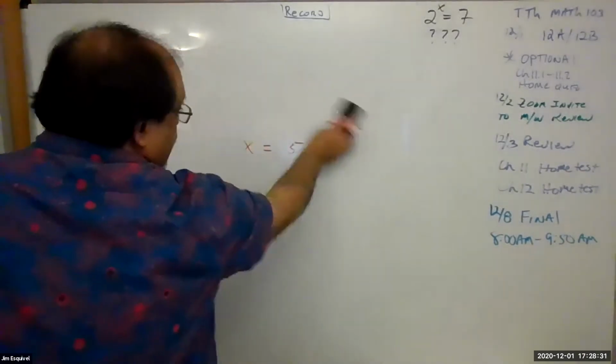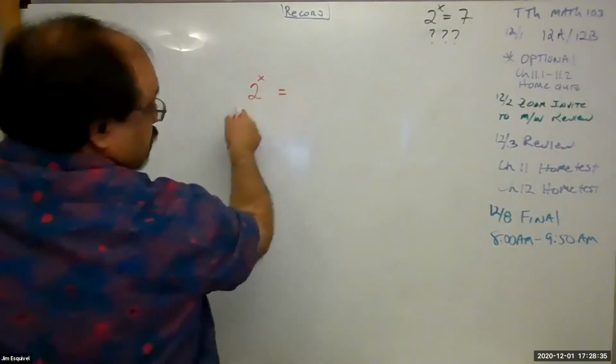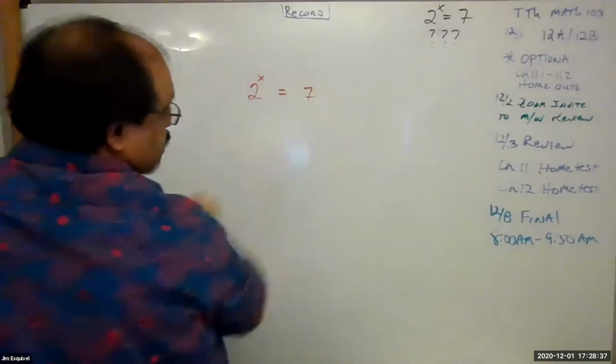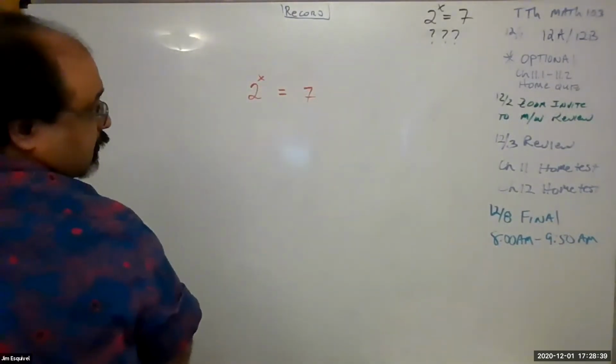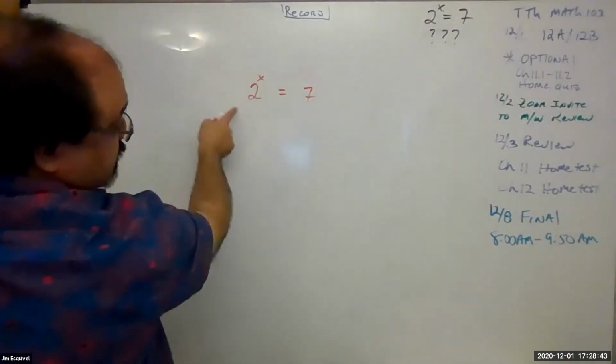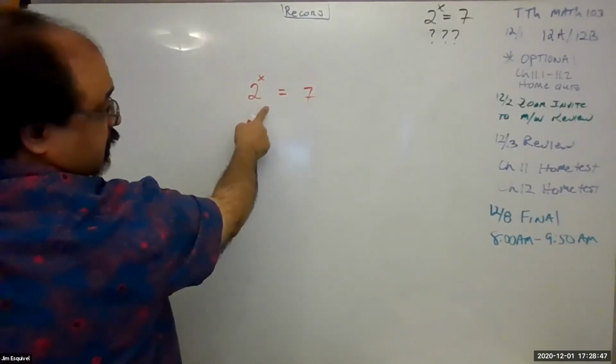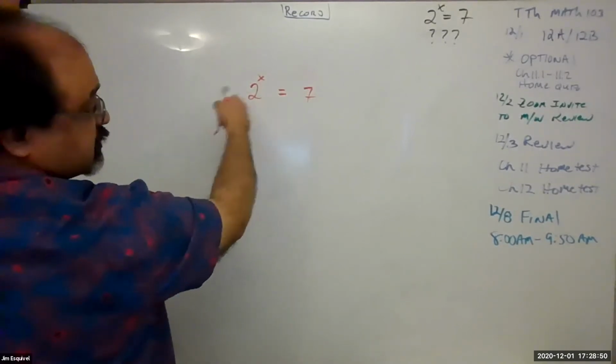But what we don't have is an inverse operation to an exponential equation. Division is not going to undo an x when it's up here because it's not multiplication. Division doesn't undo this. Multiplication doesn't, addition, subtraction won't.